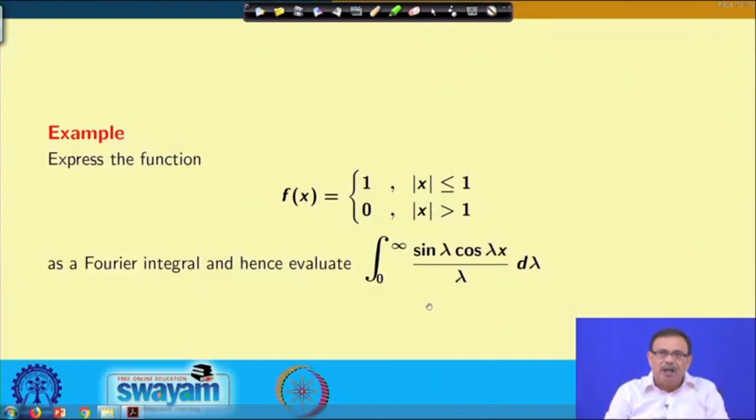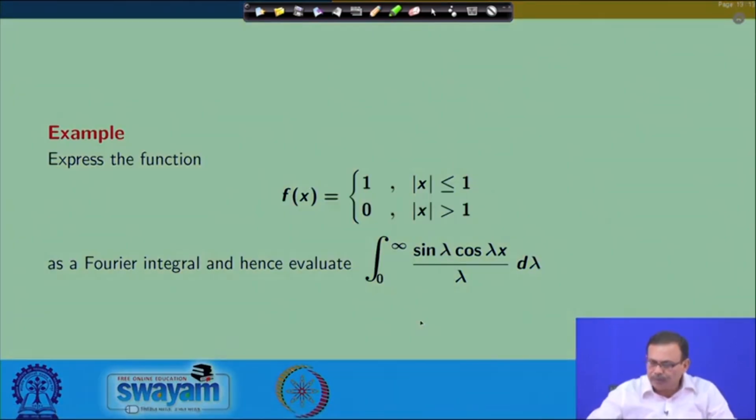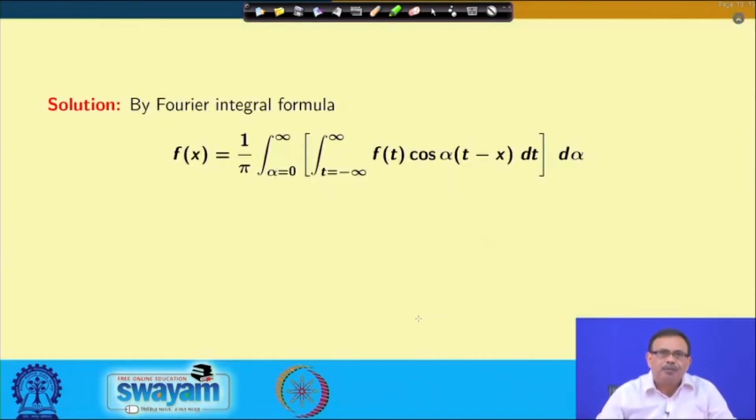Just see that we express f(x) equal to this thing as a Fourier integral, and hence evaluate the given integral. Initially, the Fourier integral formula is this one: f(x) equals 1 by pi, integral over alpha from 0 to infinity, integral over t from minus infinity to infinity of f(t) cos(alpha (t minus x)) dt d alpha.